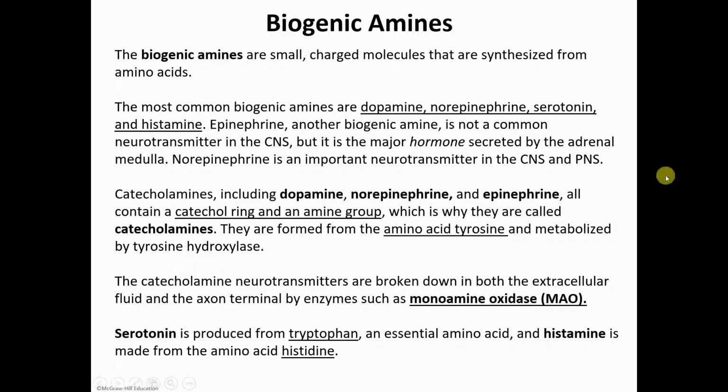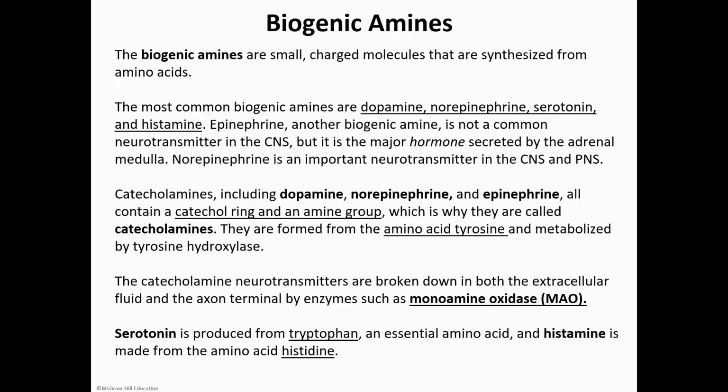But norepinephrine is more of a neurotransmitter, while epinephrine is more of a hormone. It helps that nor with an N is more of a neurotransmitter with an N, while epinephrine without the N is more of a hormone. So norepinephrine is an important neurotransmitter in the CNS and PNS. You can think of them as neurotransmitter slash hormone, but each one tends to go more towards one side of the aisle.